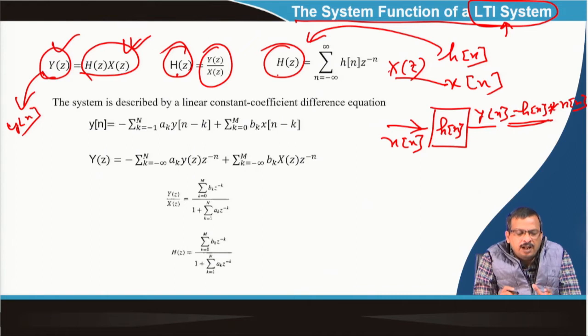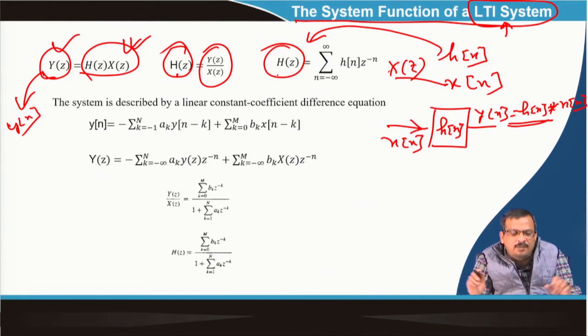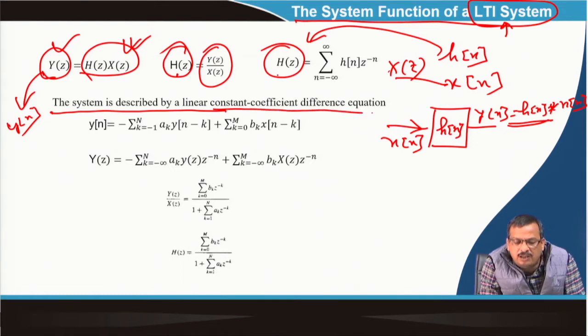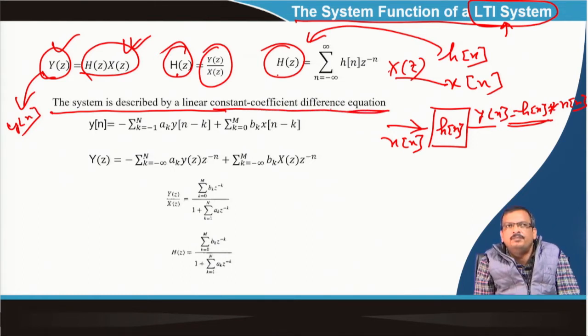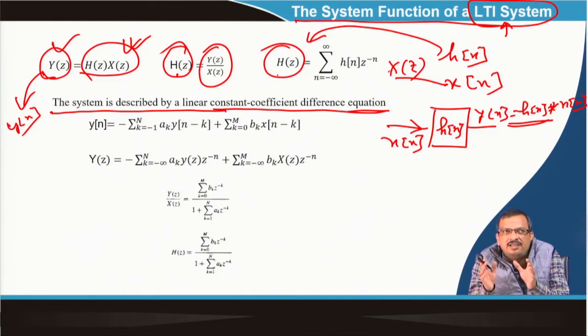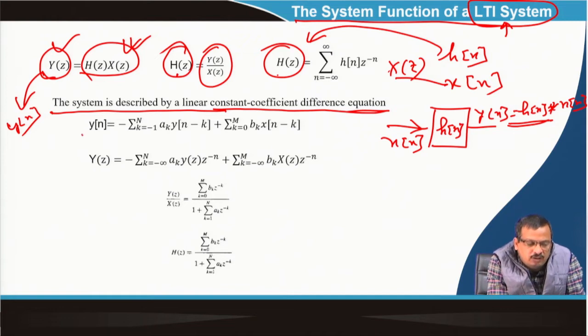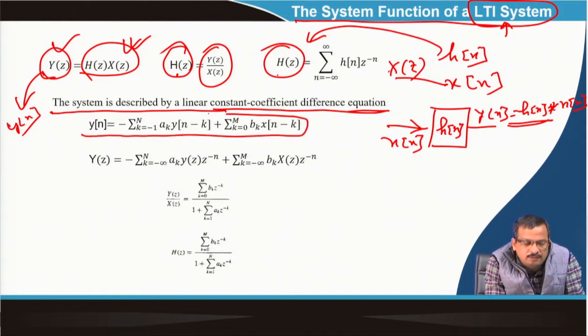Let us say I have an LTI system which can be expressed using a constant coefficient difference equation. So, this is the constant coefficient difference equation: y[n] is equal to minus the sum over k equal to 1 to N of a_k y[n minus k], plus the sum over k equal to 0 to M of b_k x[n minus k].